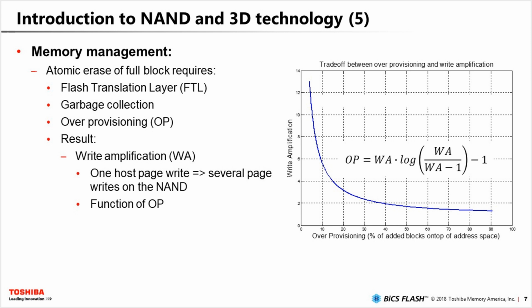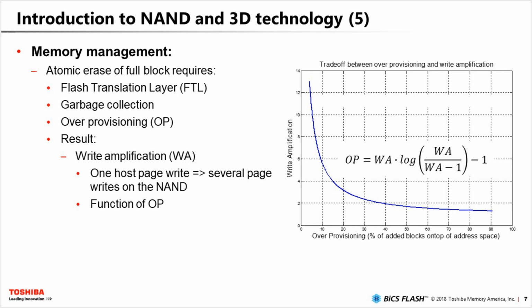Garbage collection, basically what it does is go over blocks which are partially used or partially superseded and copy only relevant information to a new location in order to free up new blocks in the system. This introduces write amplification. Write amplification is the relationship between the number of writes you have from the host to actual writes you have from the NAND, which actually is much higher than those on the host.